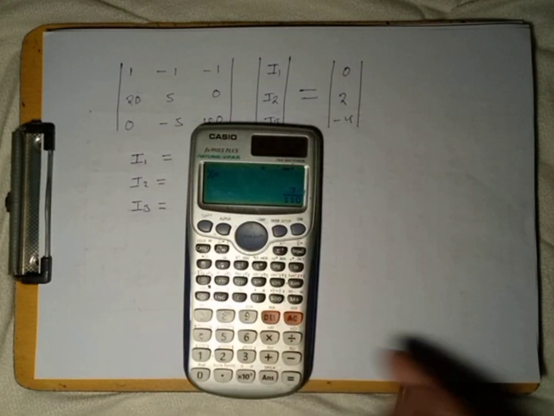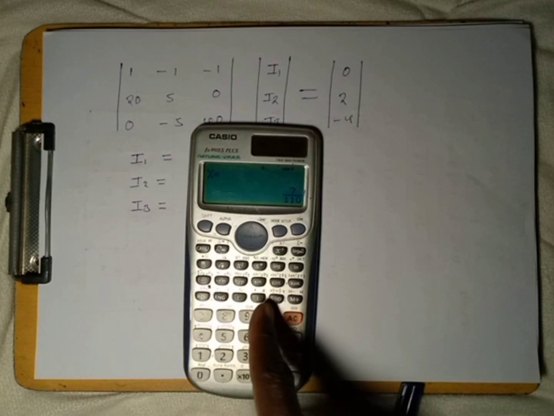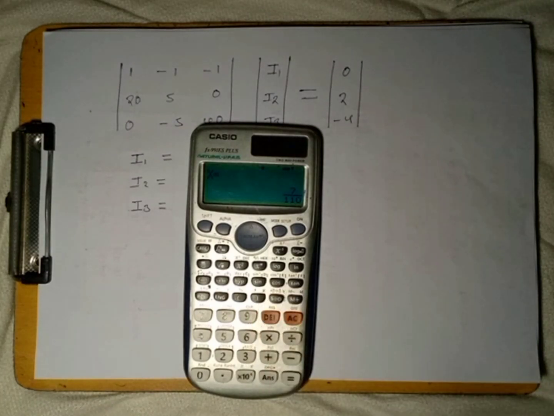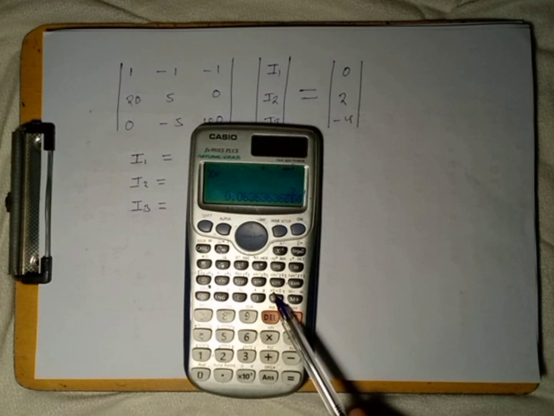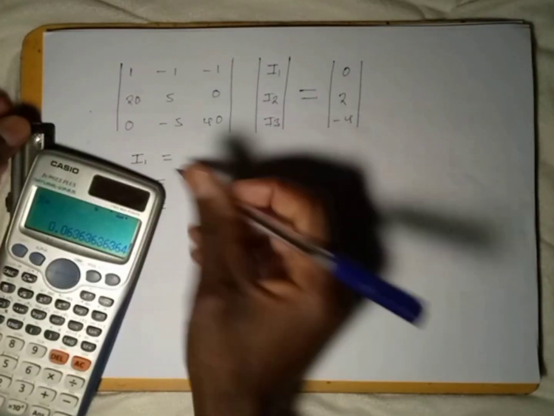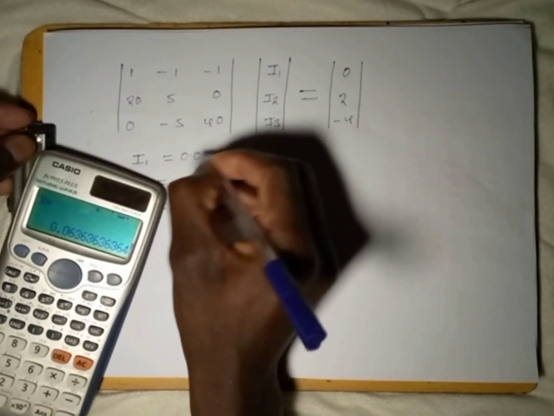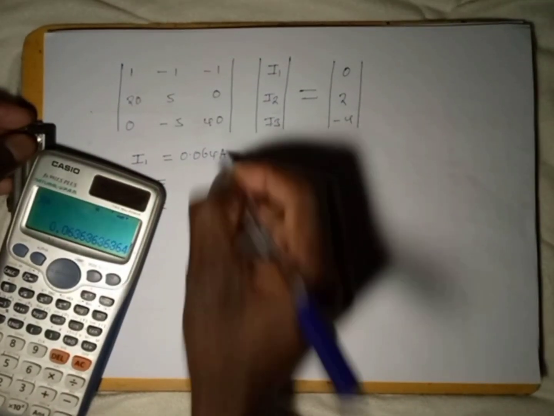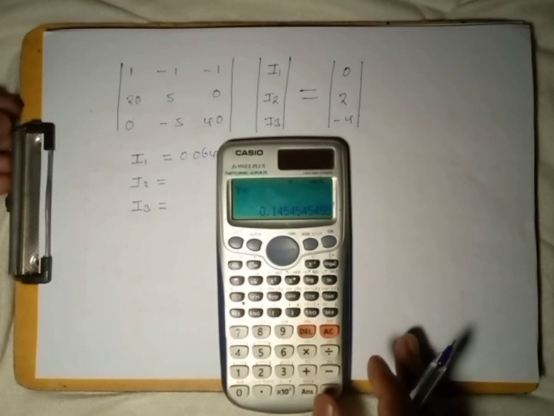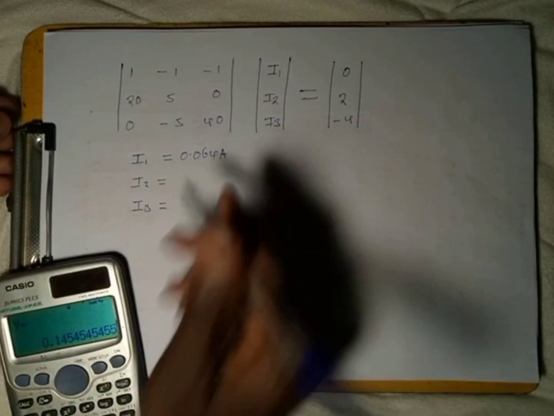If it has been written like that, punch where it is written S equal to D on this part, this button which is here. I'll say equal to, the first current, which is I1, is equal to 0.064. I'll say equal to again. The second one is equal to 0.15.